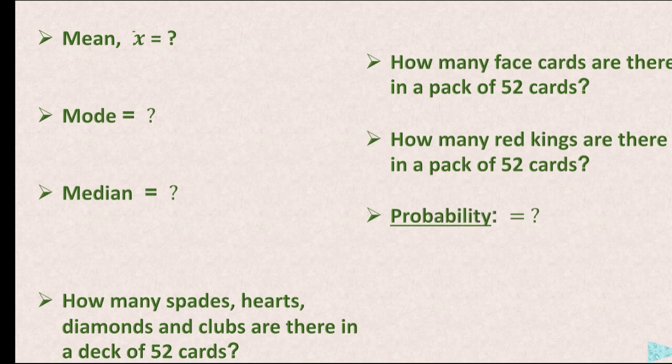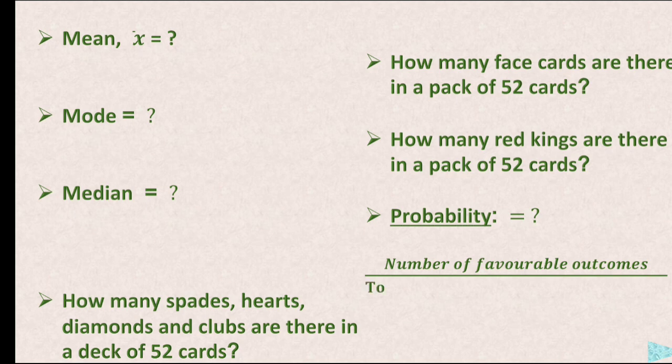Tell me the formula of probability. It's number of favorable cases or outcomes over total number of all possible outcomes.